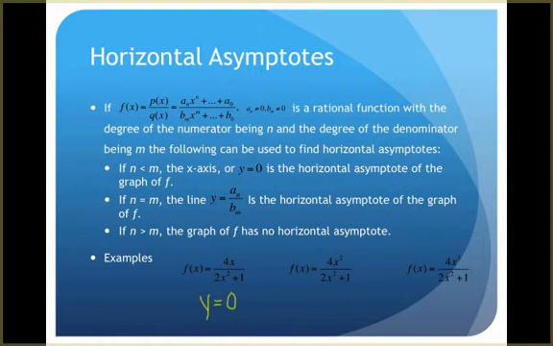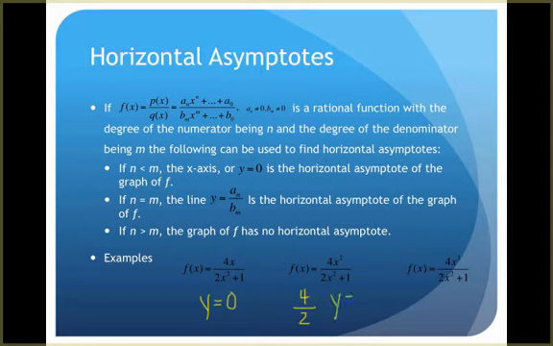Second one, the degree of the numerator would be 2. The degree of the denominator is also 2. So in this case, they are equal to each other. So I'm going to use the leading coefficient of 4 and the leading coefficient of 2 to determine my horizontal asymptote. So in this case, 4 divided by 2 is 2.